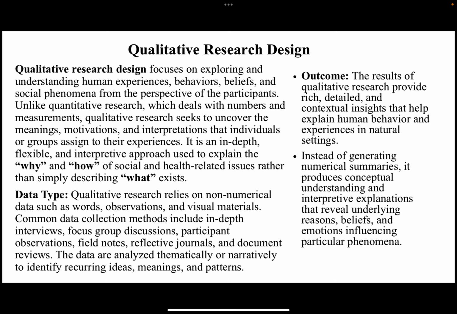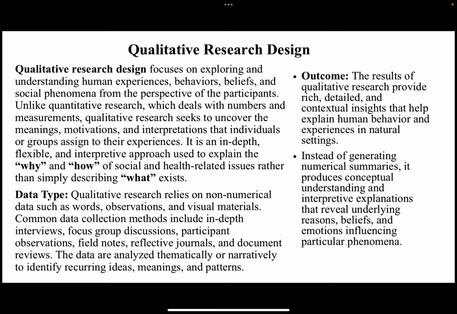Now, unlike the quantitative, the qualitative deals with understanding people's perceptions. Okay, you realize that quantitative focuses on numerical data. It deals with numbers. It deals with measurements. Qualitative seeks to uncover meanings.